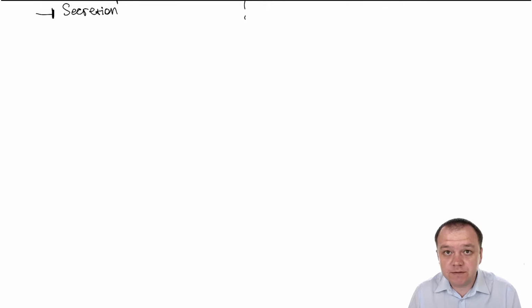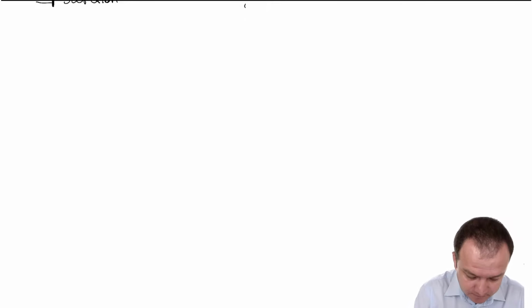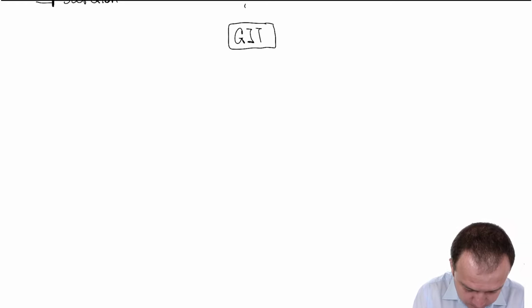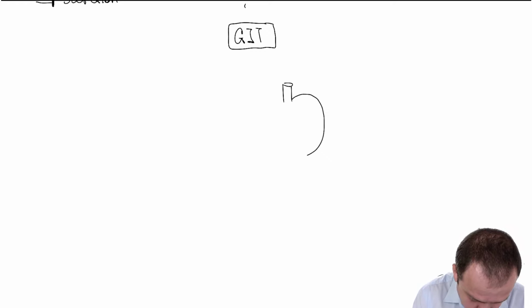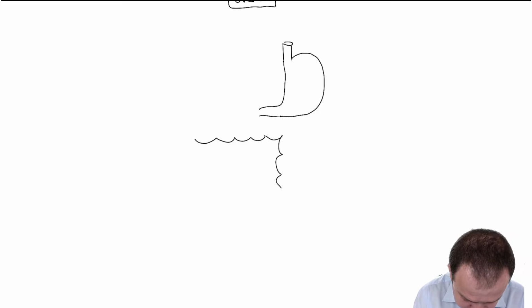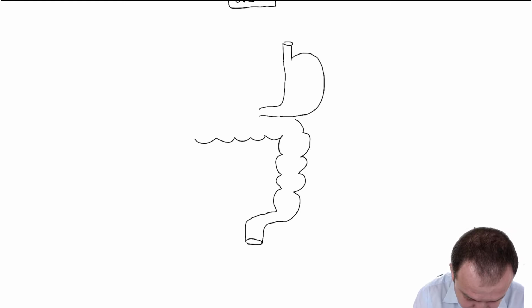A few words about the GIT, the gastrointestinal tract. There are two important things we should remember for the gastrointestinal tract. The first idea is peristalsis control, and the second idea is control of sphincter tone.